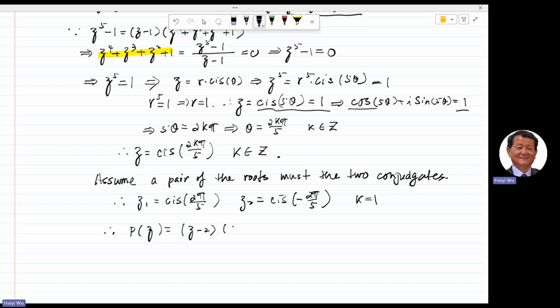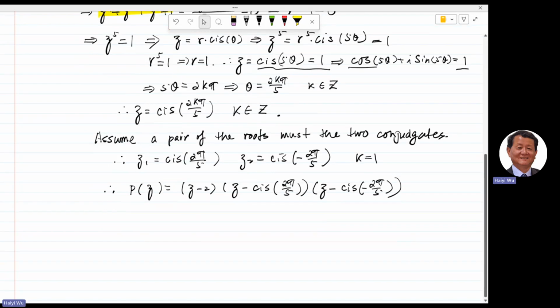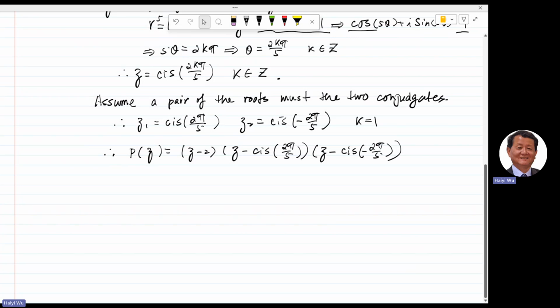The next one will be Z minus Z1, I'll call this cis 2 pi divided by 5. Then the next one, Z minus the conjugate. So remember, there's always a pair. The conjugate gives the two roots. So my polynomial is written in 3 brackets.